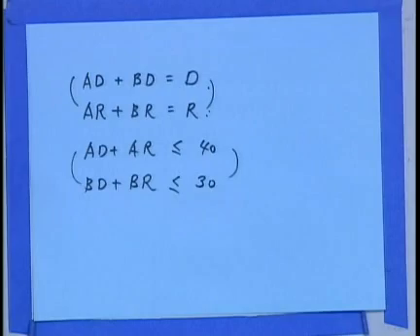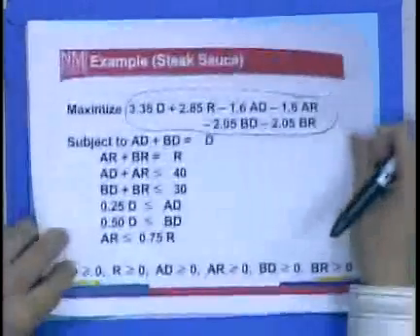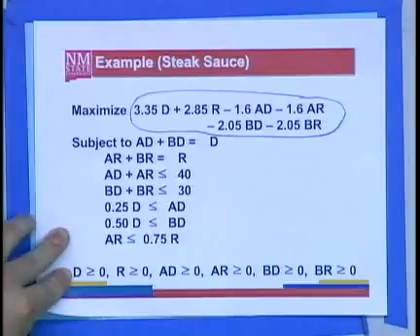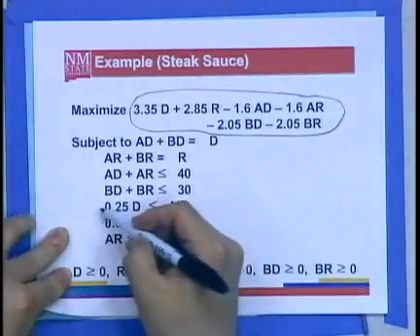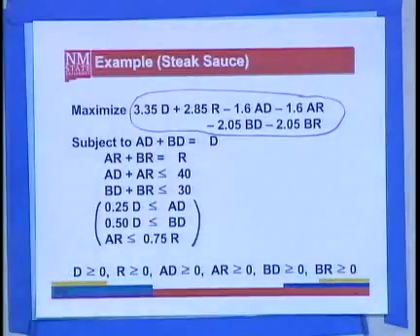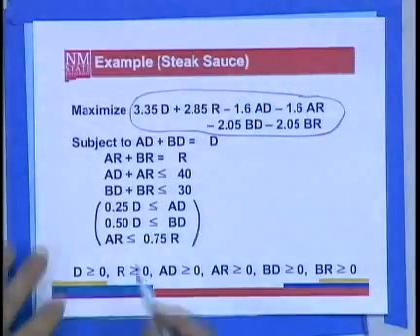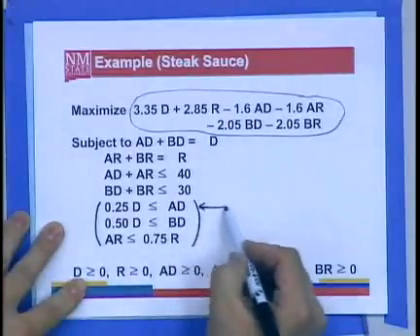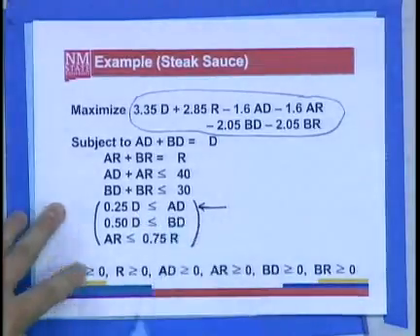And next, three constraints about the blending rules, okay? Diablo sauce is made by blending two ingredients, A and B, right? However, Diablo must contain at least 25% of A. That's why we have 0.25 times D is less than or equal to AD.